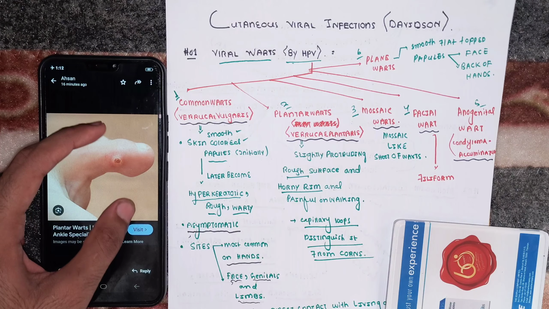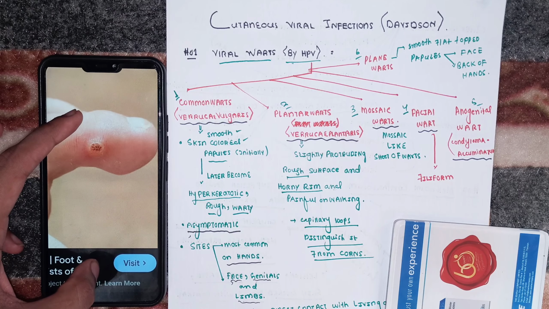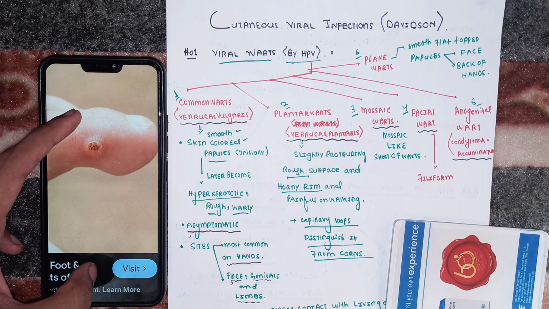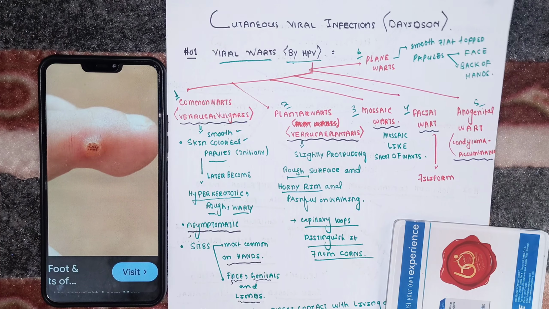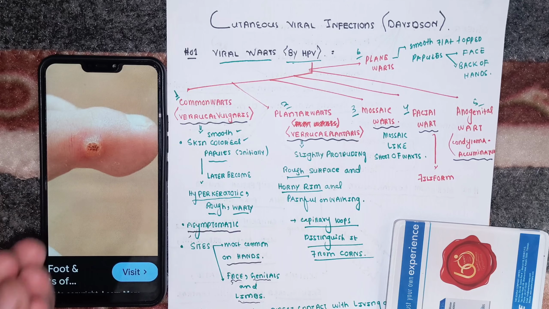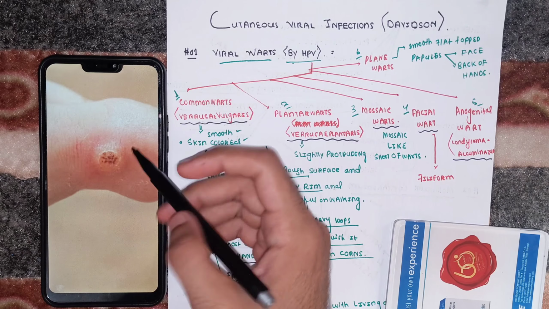Can you see, beta? This is a plantar wart, and this plantar wart is on the plantar surface of the foot, of the toe, and can you see this is like a slightly protruding rough surface and it is having horny or scaly rims. Can you see beta its rims?